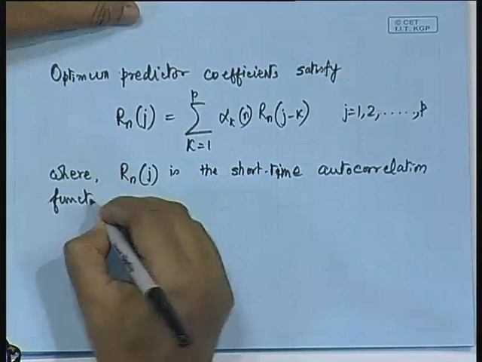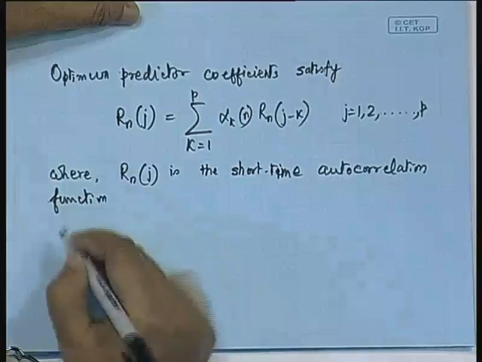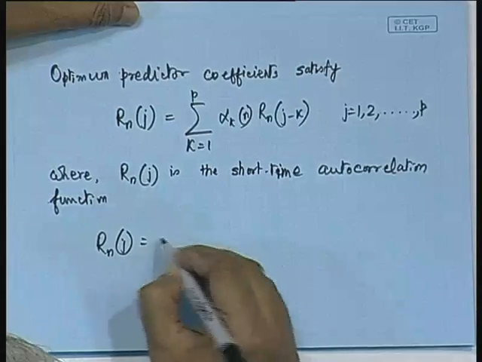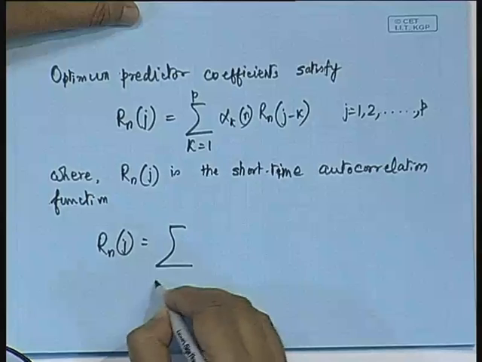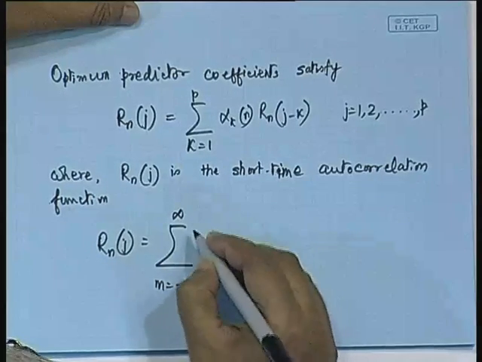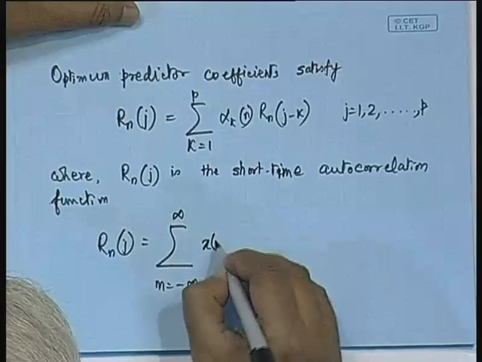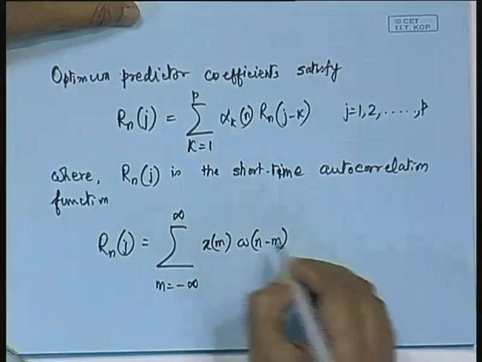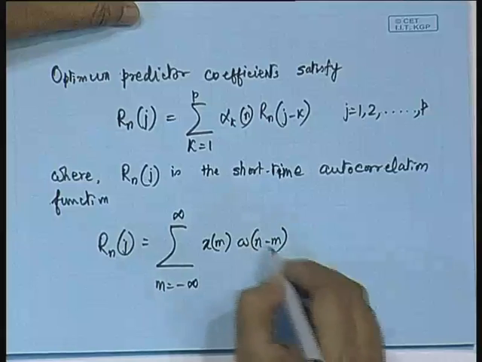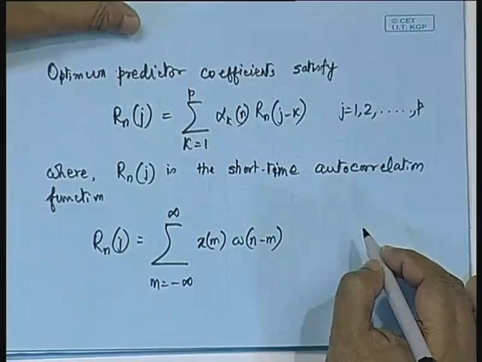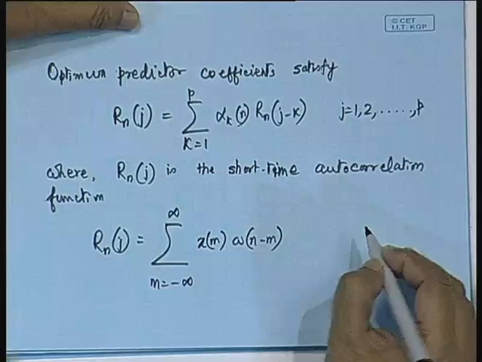And how did we define this Rn of j? Rn of j we defined like this: the sum over m from minus infinity to plus infinity of x of m into w of n minus m. And mind you, it is this w which makes it short time, because w is going to be a finite window.